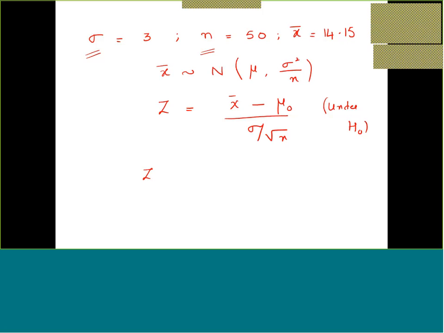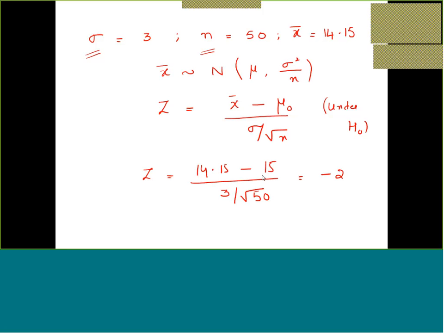So calculate the test statistic as 14.15 minus mu naught is 15 by sigma is 3 by root 50. That is given as minus 2. So now you have to calculate the p-value.